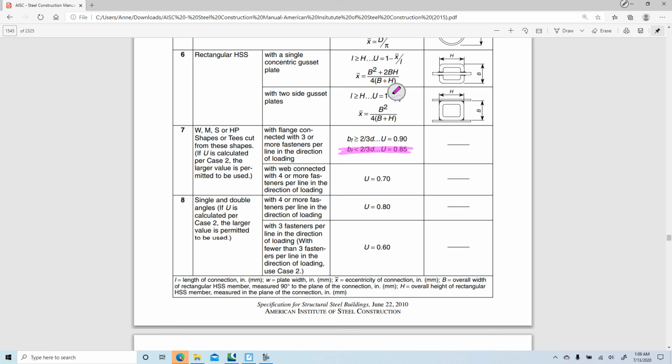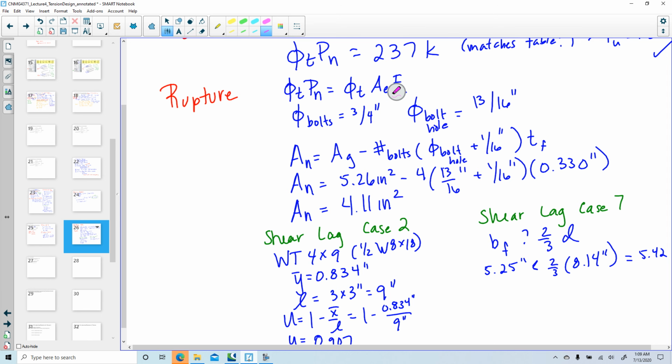I compared my flange width to 2/3 of the depth, and it ended up being less. So if I wanted to not do the calculation, or if the 1 minus X bar over L gave me a lower number than 0.85, I could use this. But it actually ends up not mattering.